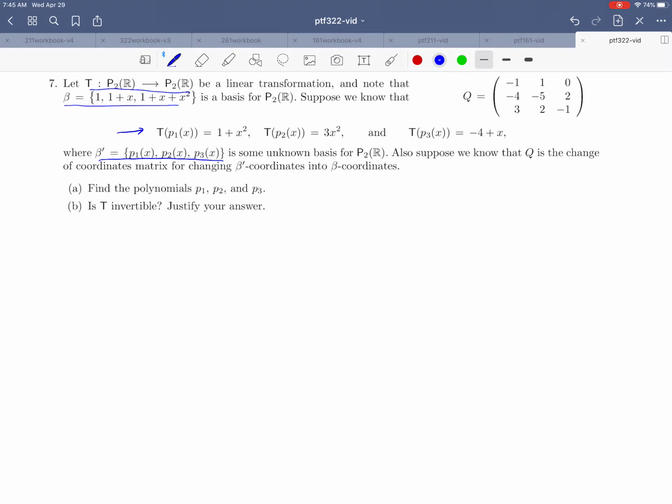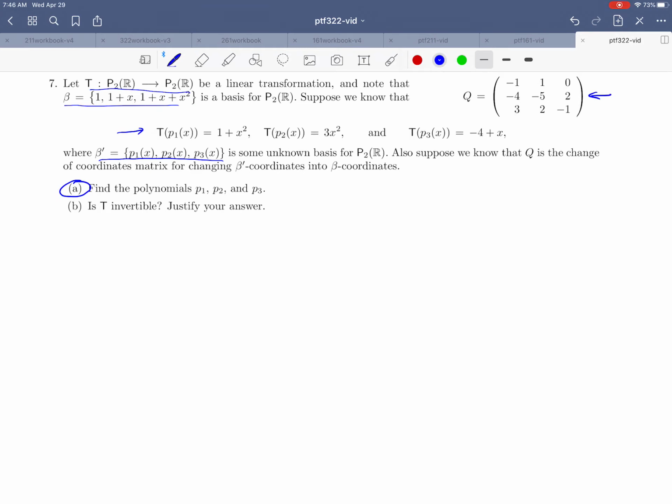Another piece of information they give us is this matrix Q. They're telling us that it's the change of coordinate matrix that takes us from beta prime coordinates to beta coordinates. So there's a connection between these two bases through that matrix. Part A would like us to use all of that information somehow to figure out what the three polynomials p1, p2, and p3 are in this unknown basis.